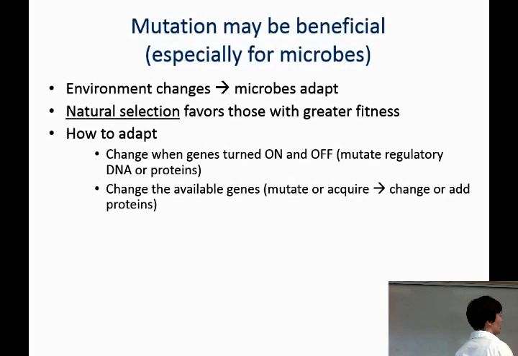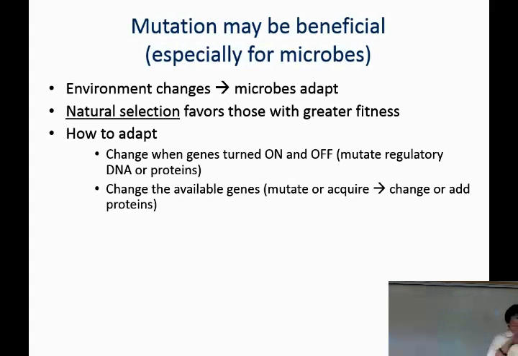Now, what kinds of changes would be acted upon by natural selection? Well, one way that you can have an impact is if you make a change in a regulatory region of DNA that might be affecting how genes are regulated, right?